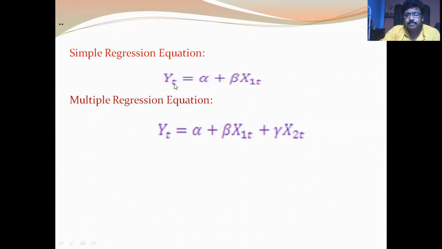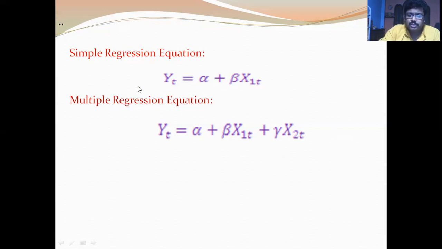Here the time period is t, alpha is the intercept term, and beta is the slope coefficient. It is a parameter, and x1t is an independent variable. Okay, one independent variable and one dependent variable. So this is a simple regression equation.